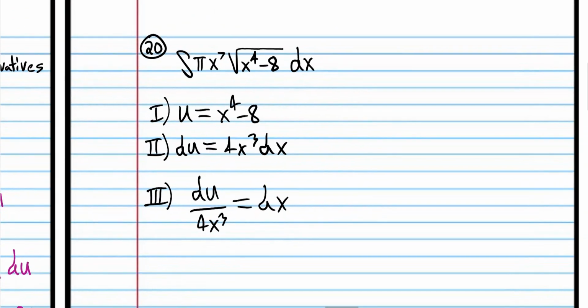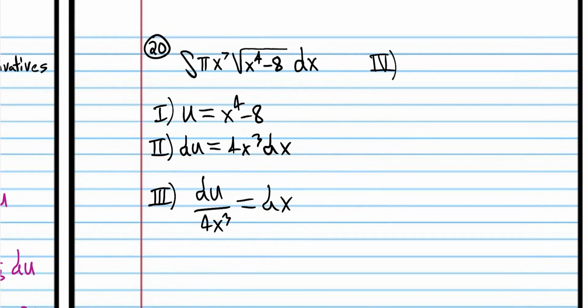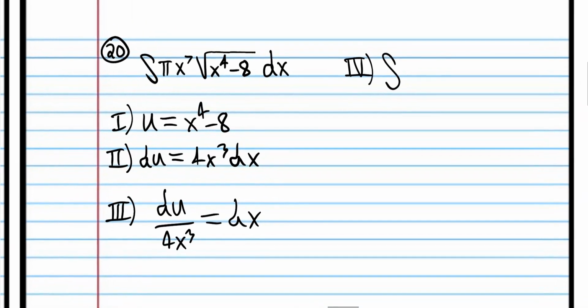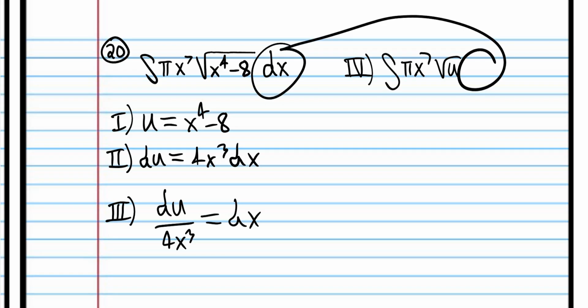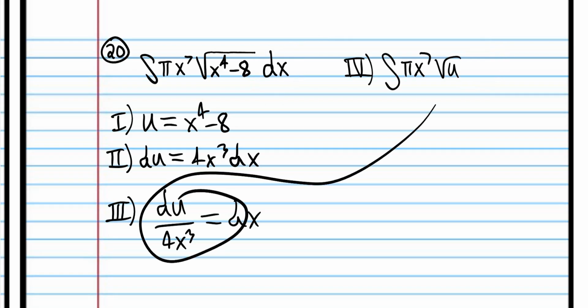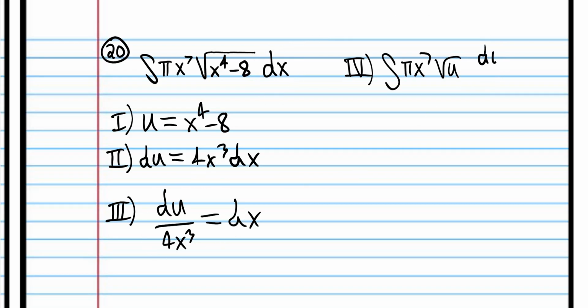And then we're going to write our integral. We're going to convert from a dx to a du integral. And we're going to replace dx with what this equation says dx is equal to.